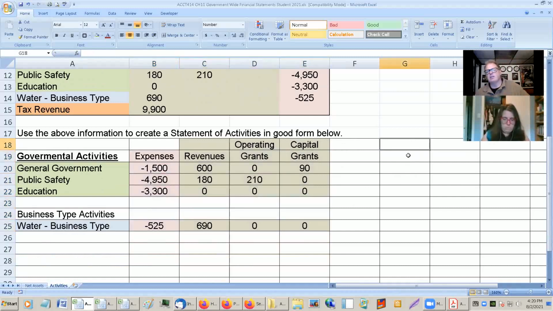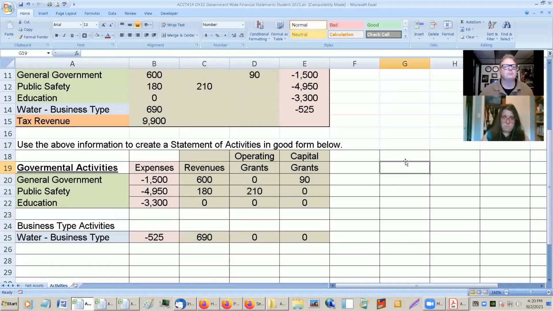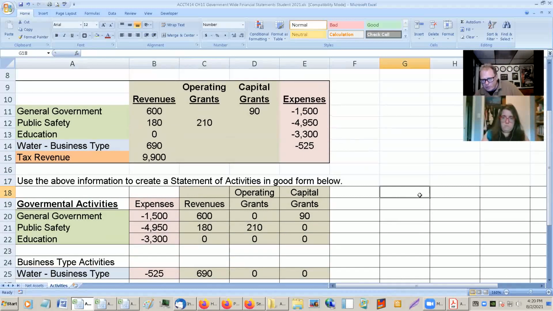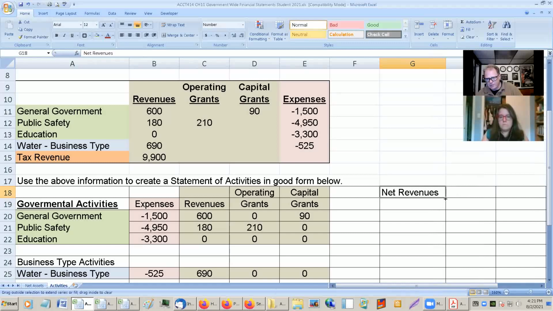And over here, we're going to have our net revenues. Say net revenues. Governmental.